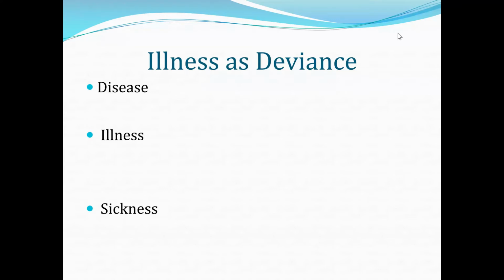Now let me talk about the illness as deviance perspective as well as the sick role. Before I get into the details, I'd like to go over definitions of three interconnected concepts. First is disease. So what is disease?